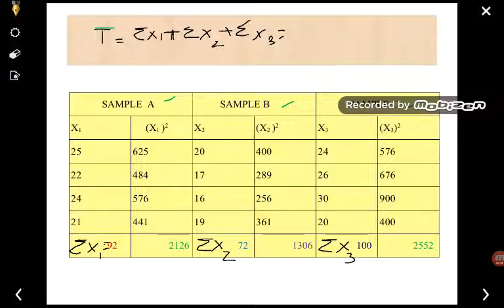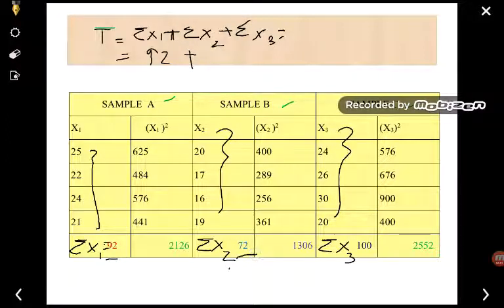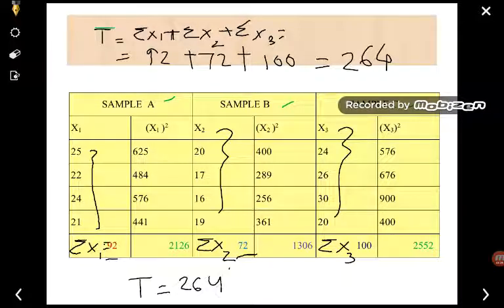So totaling all of them, summation of x1 is equal to 92, plus summation of x2, which is equal to 72, plus summation of x3, which is equal to 100. So the total T is equal to 264.